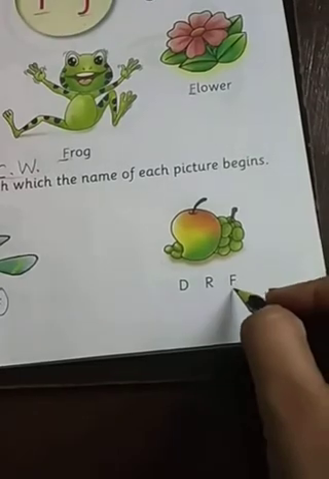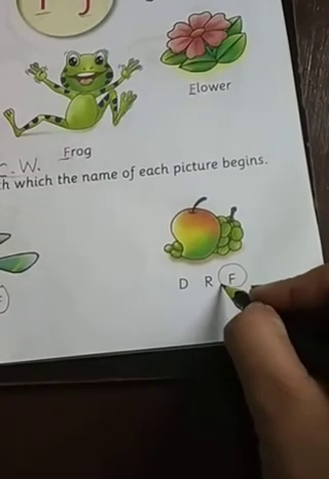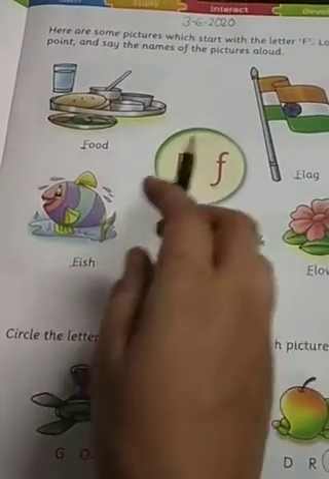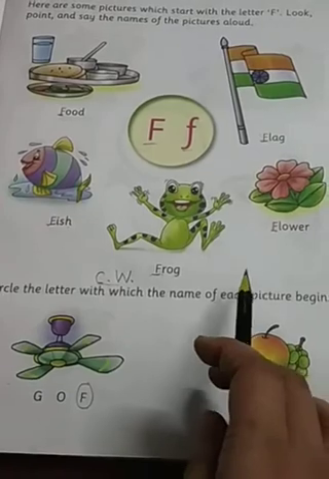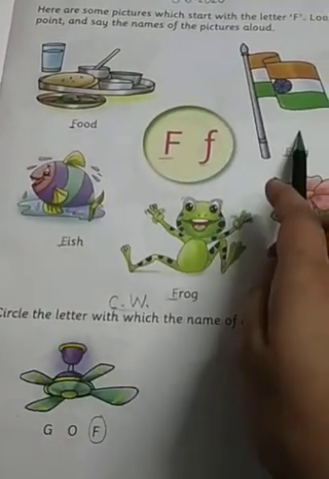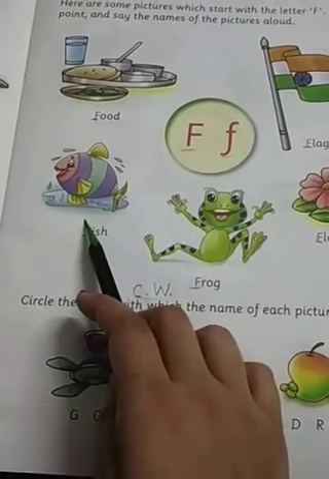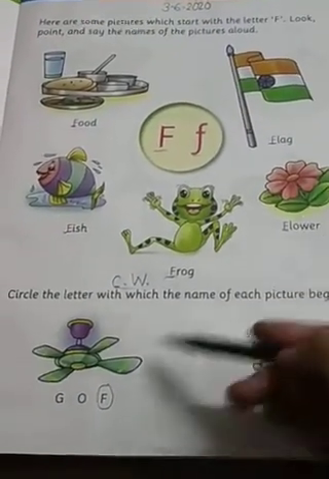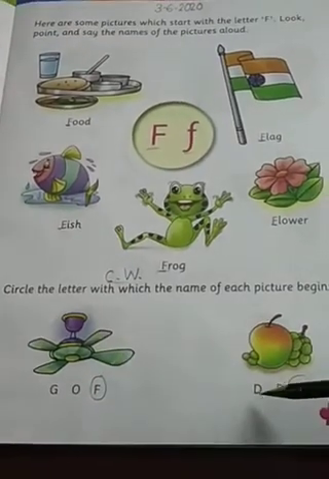Yes, fruits start with letter F. So circle letter F. So here we have learned that these are the pictures that begin with letter F. F for food, F for flag, F for fish, F for frog, F for flower, F for fan, and F for fruit.